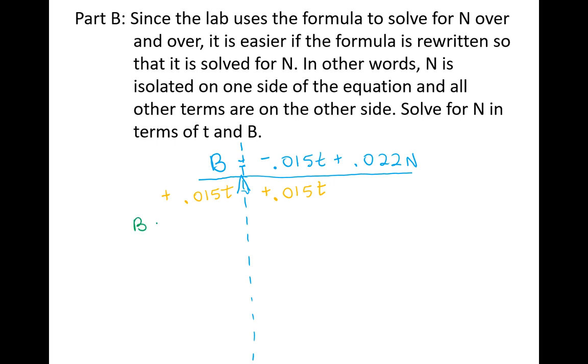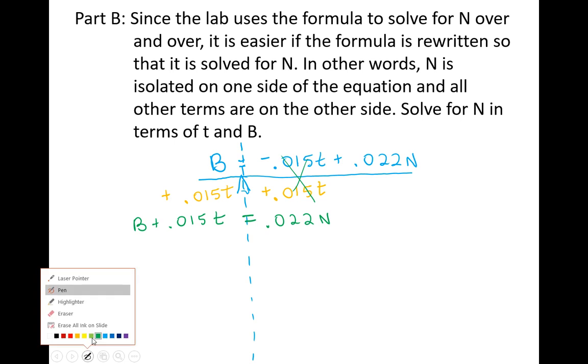B, whoops, I changed color, I didn't even mean to, plus 0.015t is exactly equal to, well, now remember, if you added, this is going to go away, 0.022n. All right, still trying to get n by itself.